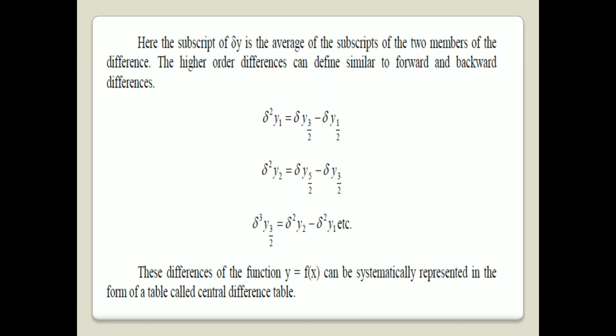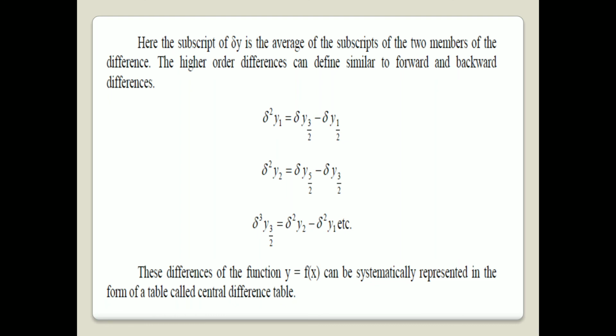The higher order differences can be defined similarly to forward and backward differences. In the first step, small delta square y1, the second order central difference of the function at y1, is given by delta y 3 by 2 minus delta y 1 by 2. Similarly, delta square y2 is equal to delta y 5 by 2 minus delta y 3 by 2.